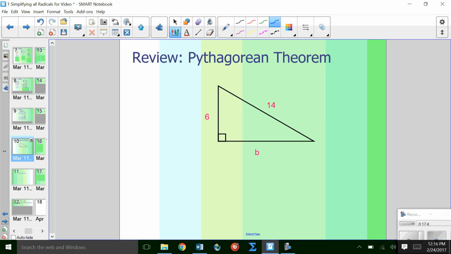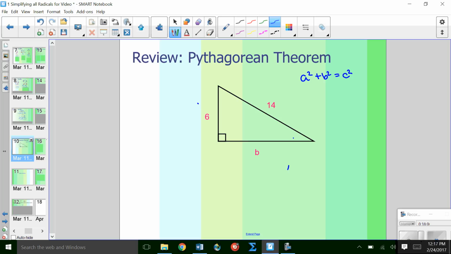Okay, I want to use this simplifying radicals to apply the Pythagorean theorem. Remember that the Pythagorean theorem is a squared plus b squared equals c squared, and this helps us find missing side lengths of right triangles.